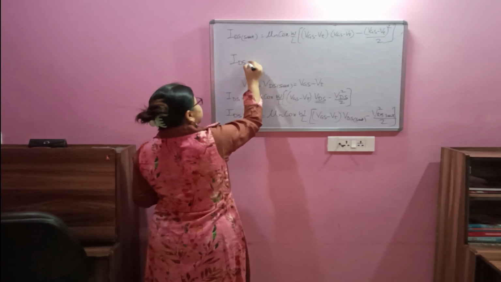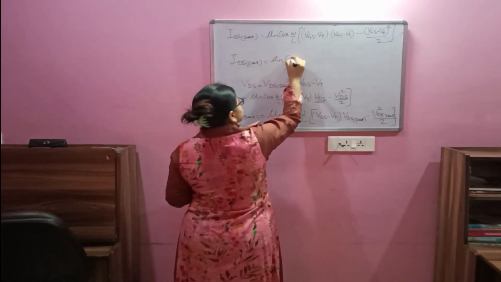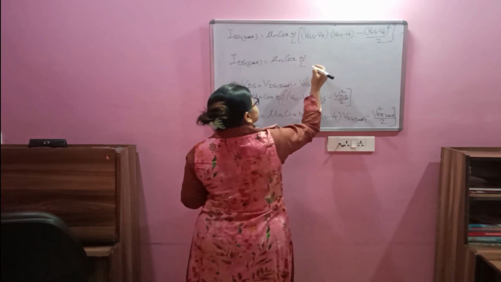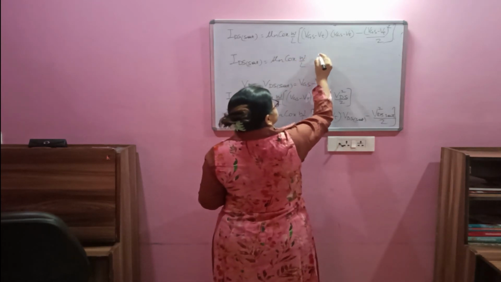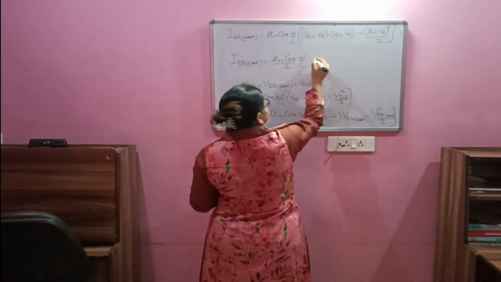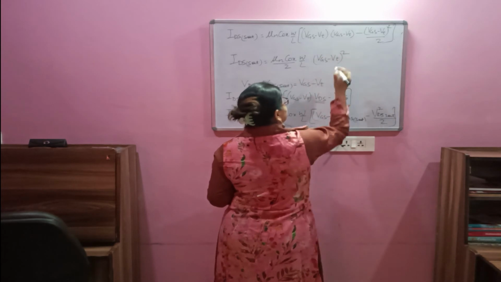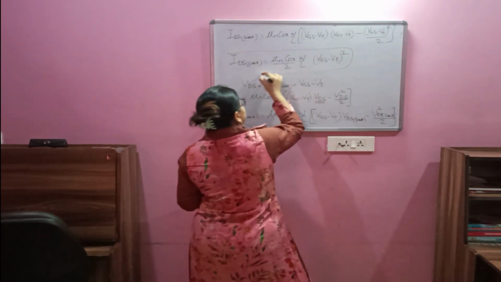So the final equation can be written as this: a square of VGS minus VT, so we will be left with half times VGS minus VT whole square. Now have a look at this equation.